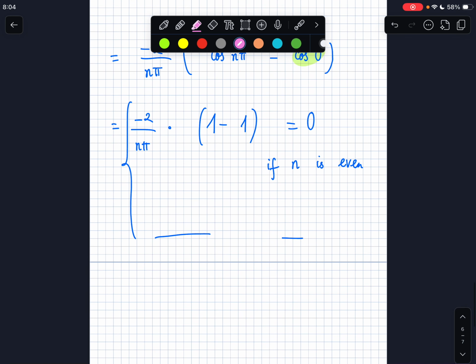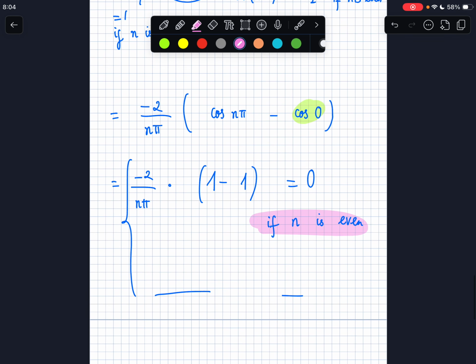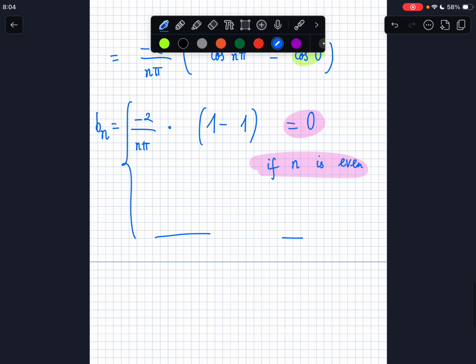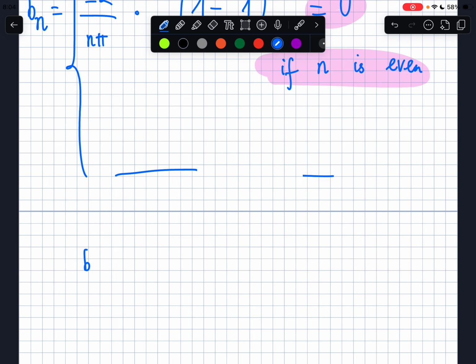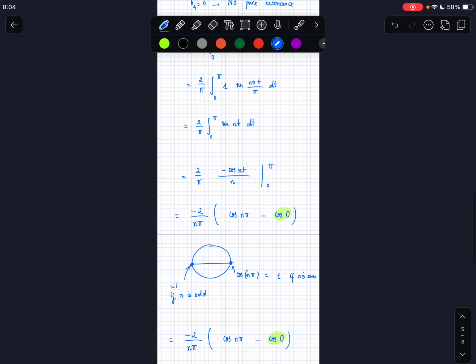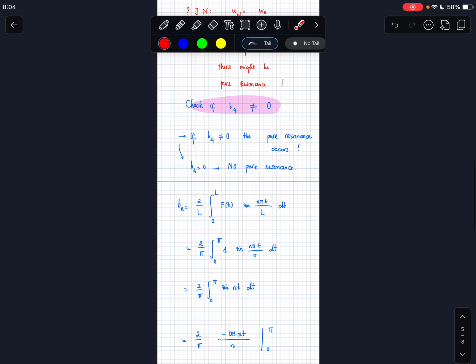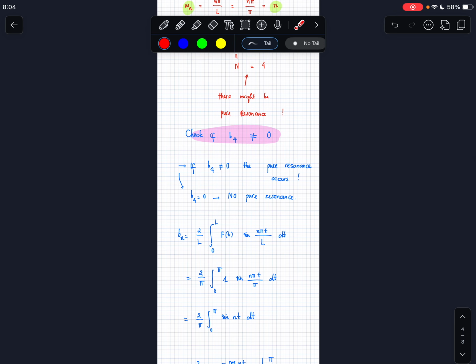But before 4 is even, B_n equal to 0 when n is even. So we know that B_4 equal to 0. So we don't have the wave with frequency 4.